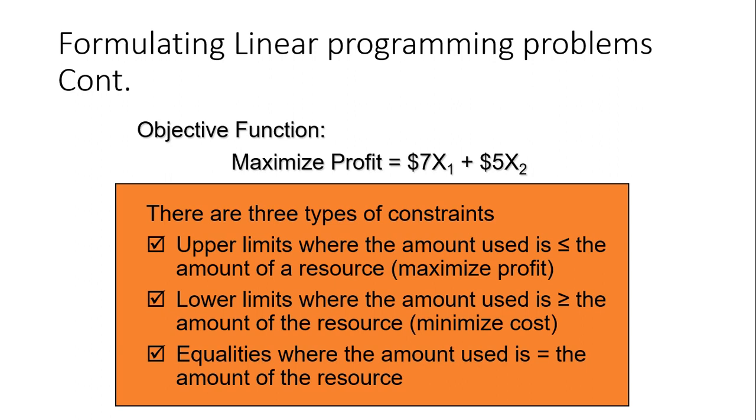We have three types of constraints: upper limits, lower limits, and equalities. Upper limits are used for maximizing profit and have the symbol less than or equal, while lower limits are used for minimizing costs and are greater than or equal.